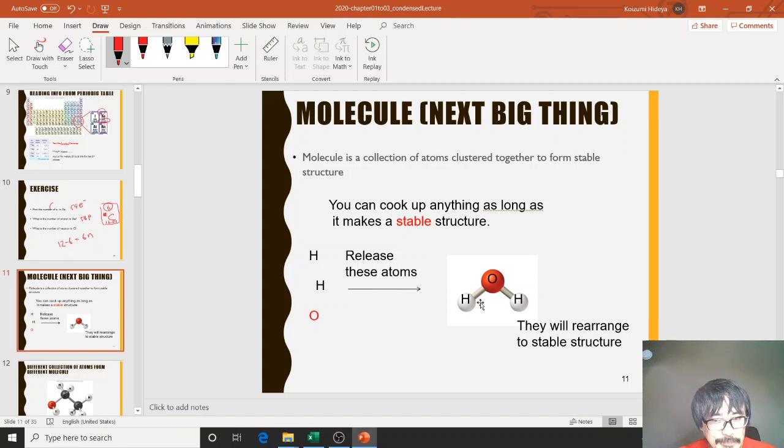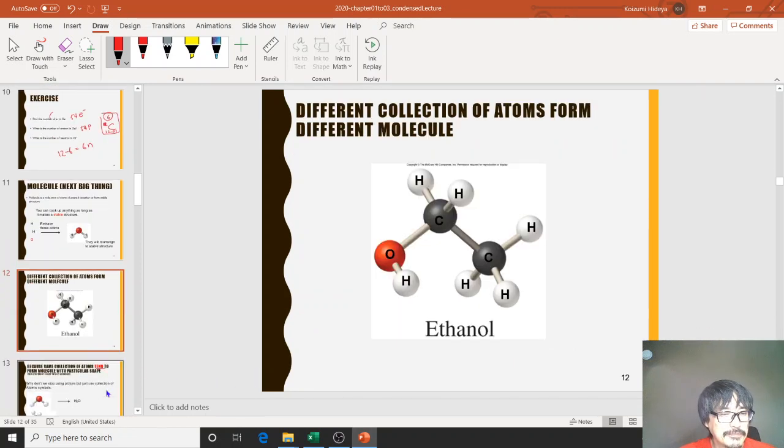So if you release all these atoms and somehow, by the magic of chemistry, they change locations and form a molecule, and that molecule happens to be very stable, then you can call it a molecule. So that's the molecule. By grouping so many different atoms into one molecule, you can create a whole bunch of stuff.